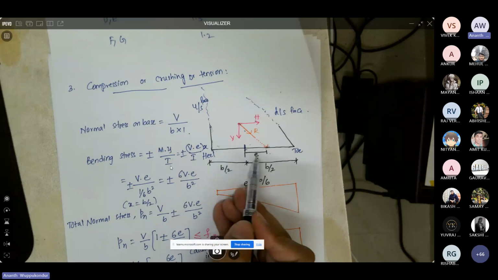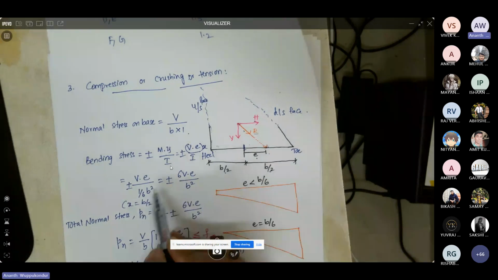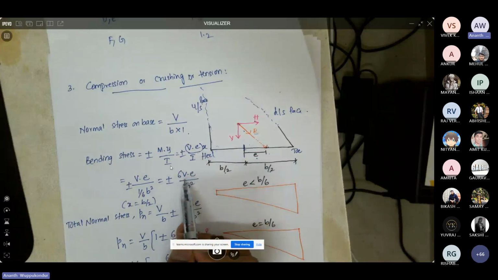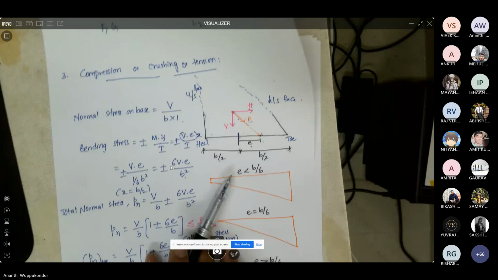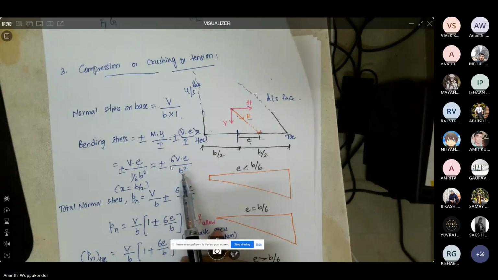That is because of this R. Now you can calculate this bending stress, and you can get this value as 6VE by B squared, where M is the moment, Y is the distance from the center, and I is the moment of inertia. So you get the bending stress, which is plus or minus 6VE by B squared.